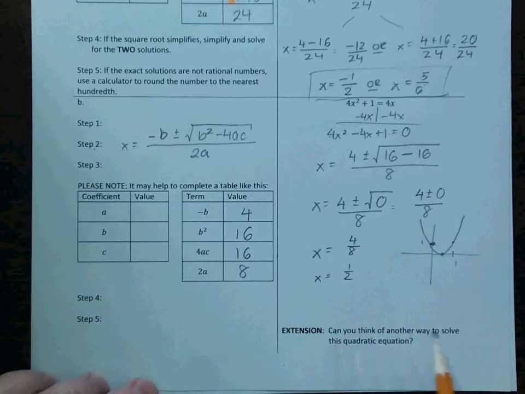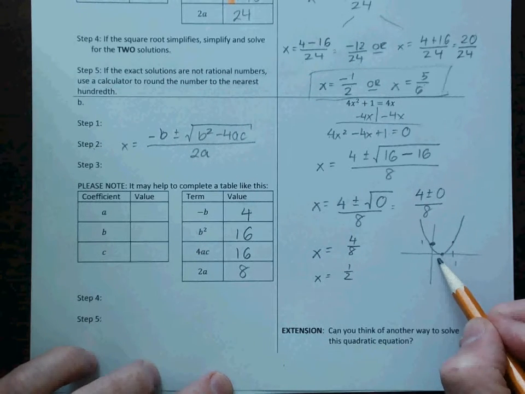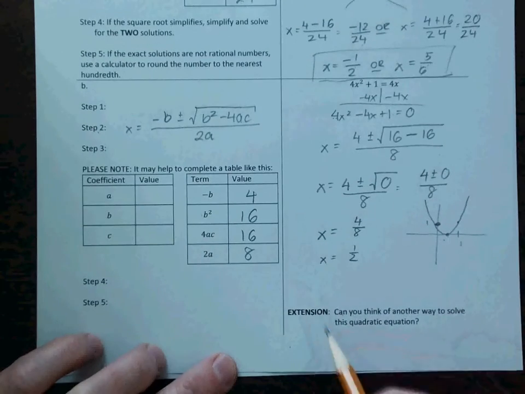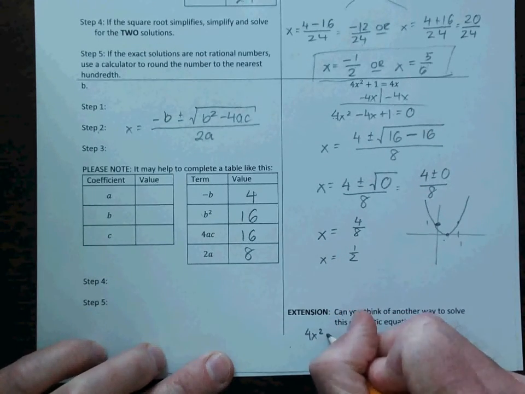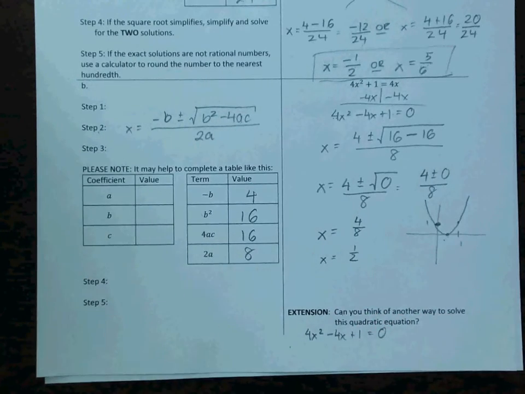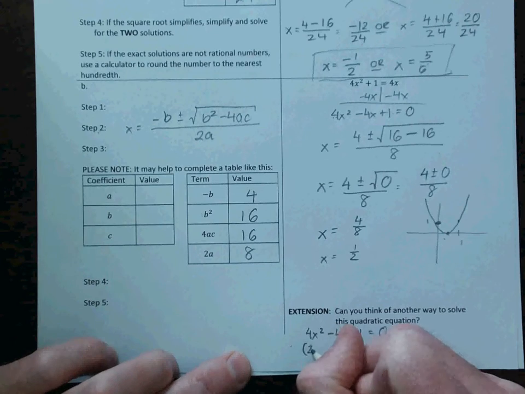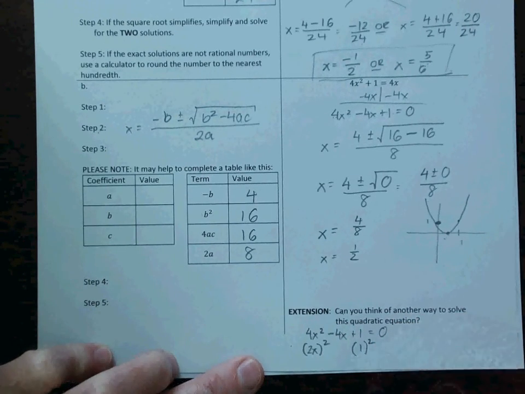Now here the extension, can you think of another way to solve this quadratic? You could solve by graphing. Or you may have noticed here, 4x squared minus 4x plus 1 is equal to 0. 4x squared is 2x quantity squared. 1 is 1 squared.